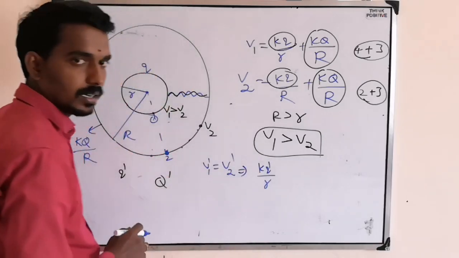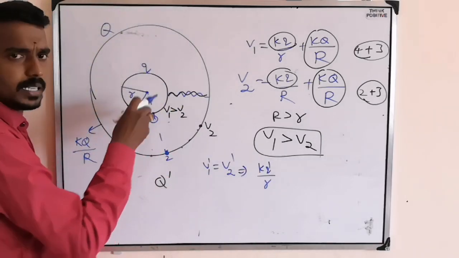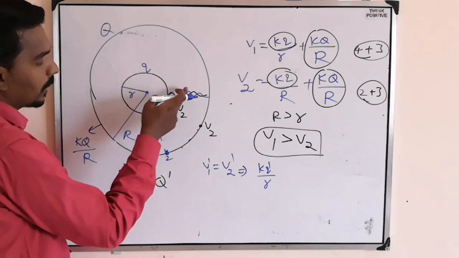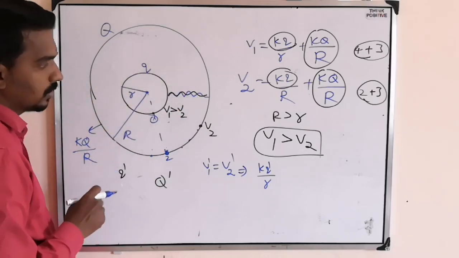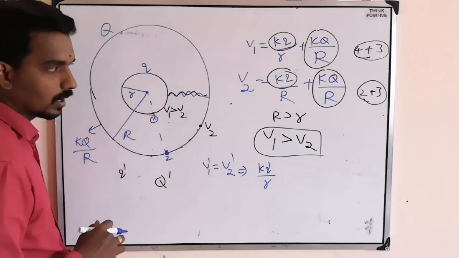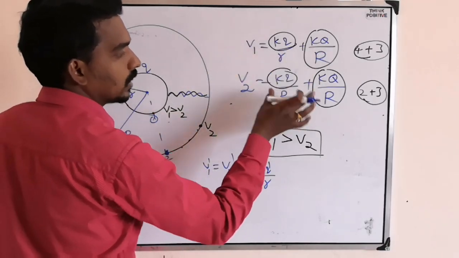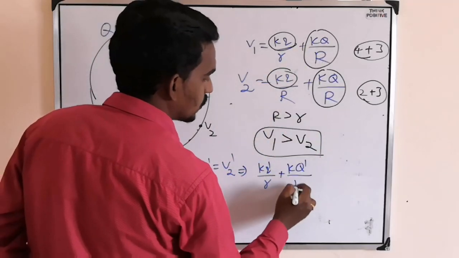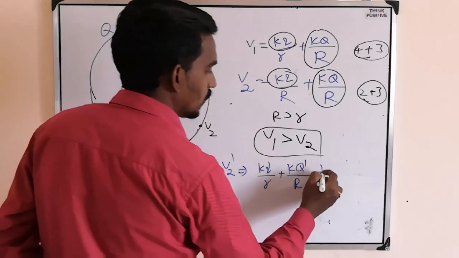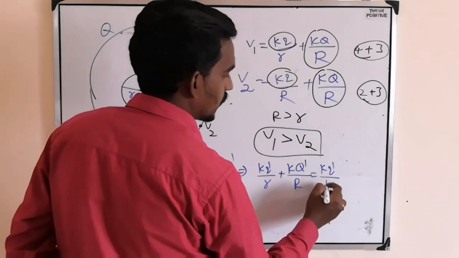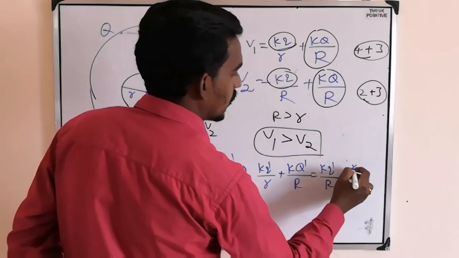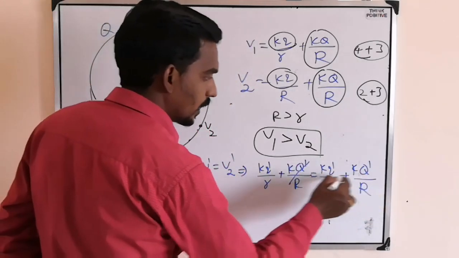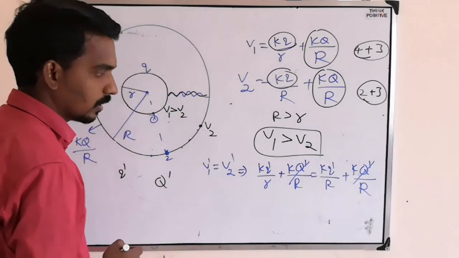Kq dash by r, same dimension, same everything. But here q became q dash, capital Q became capital Q dash, such that the potentials are equal now. That means these values are equal. Kq dash by r plus KQ dash by R should be equal to KQ dash by capital R plus KQ dash by R. But KQ dash by R and KQ dash by R cancel.